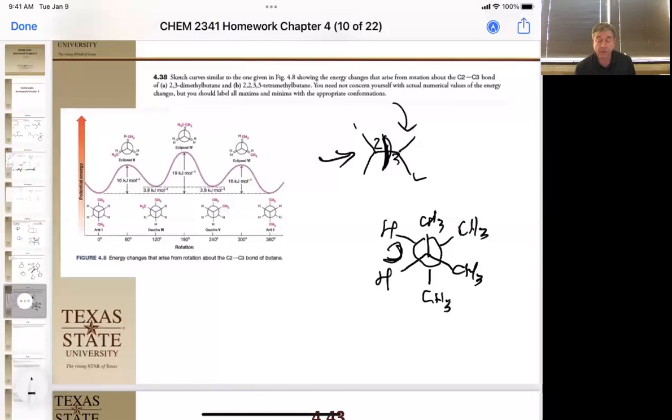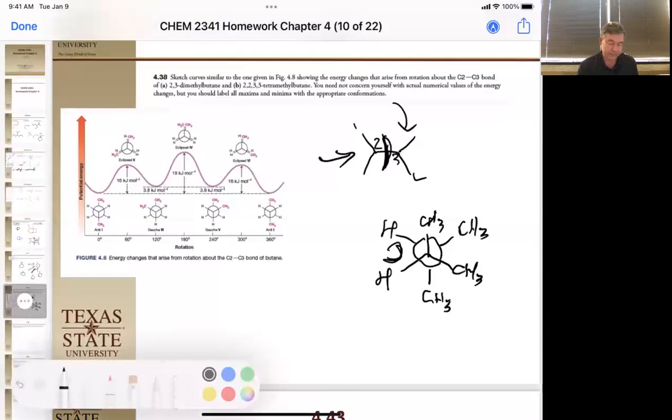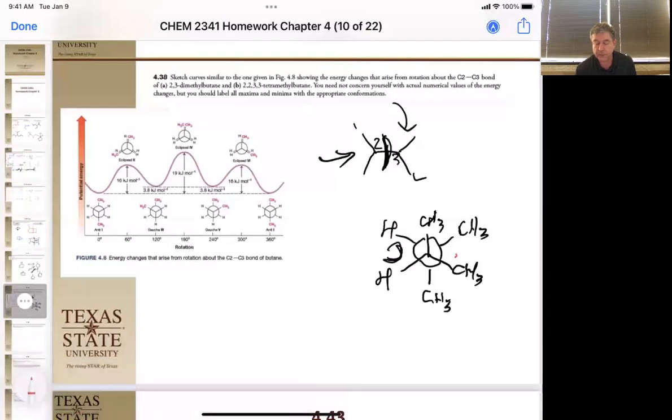Okay, now let's rotate it. The next one I'm going to do is I'm going to rotate it this way. And what we're going to end up with is an eclipsed position where 2 methyl groups are on top of each other here, CH3, CH3, and then the 2 H's are over here.